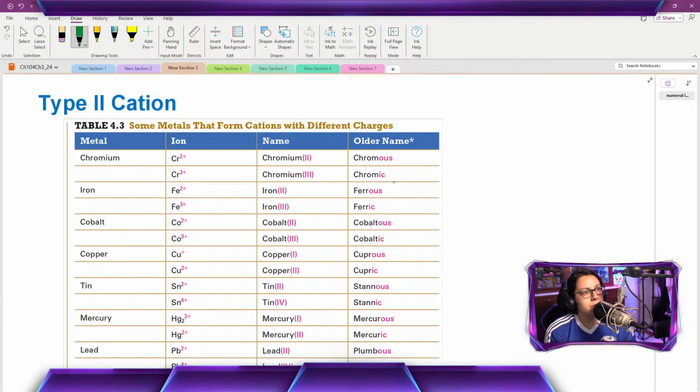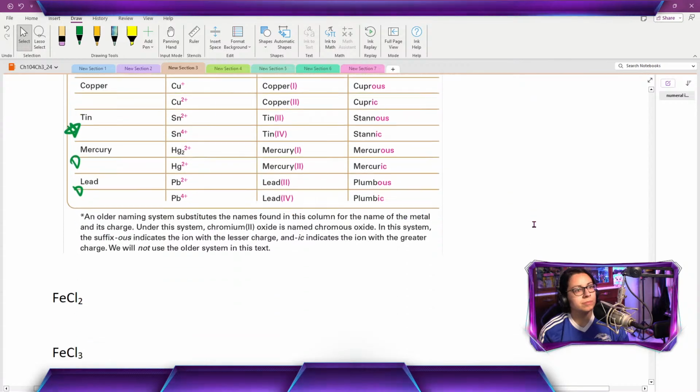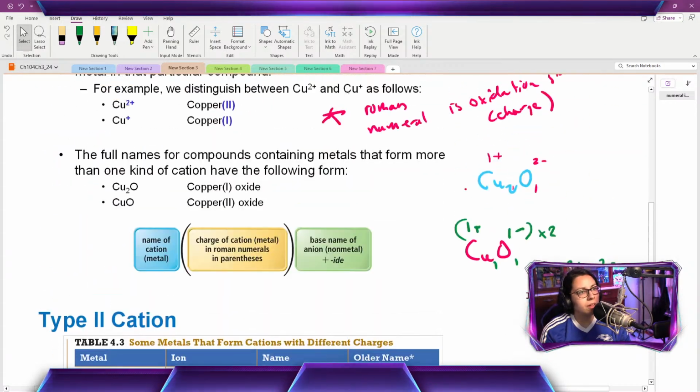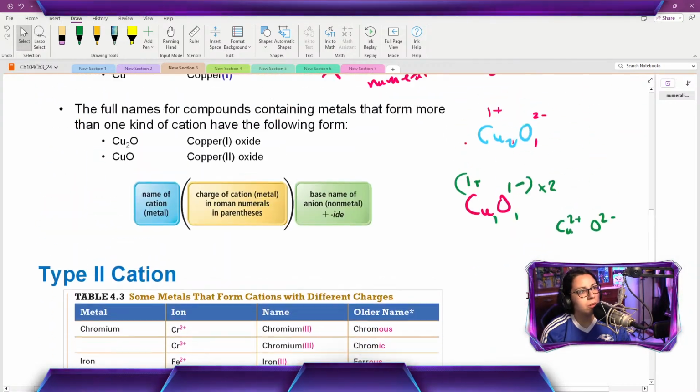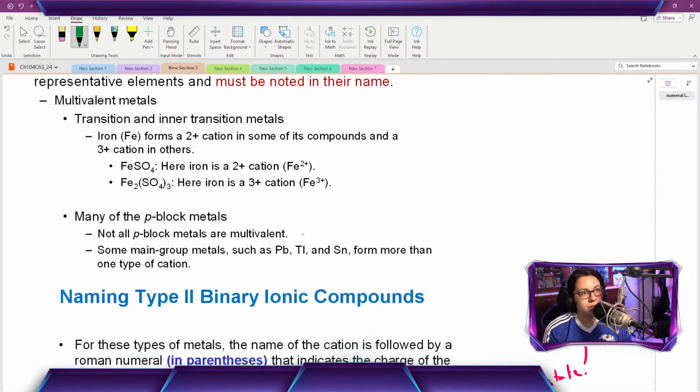Same thing, we have copper 1+, 2+. And so notice tin, mercury, lead. Here are some odd ones as well. You have tin 2+, 4+. And let's also note thallium. You might want to mark that somewhere.